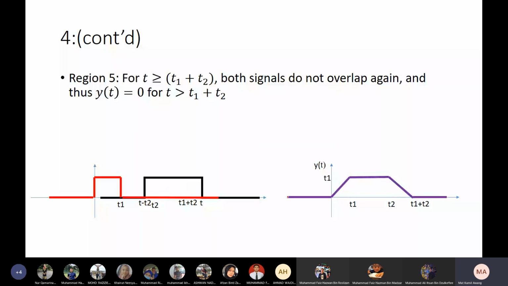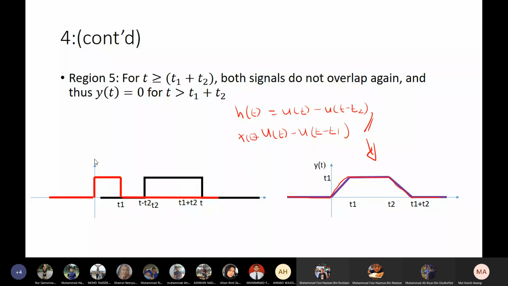This is your final curve for the convolution of x of t, u of t minus t1, convolved with h of t, equal to u of t minus t2. So this is the result of the convolution.